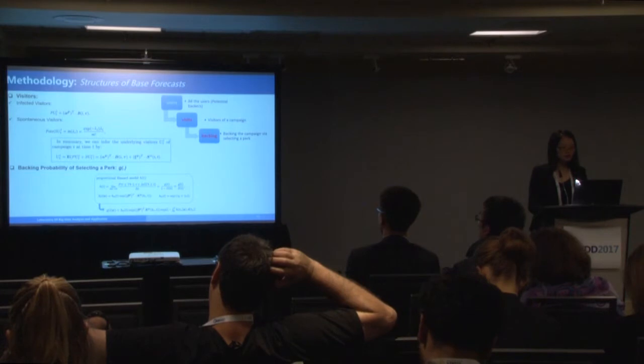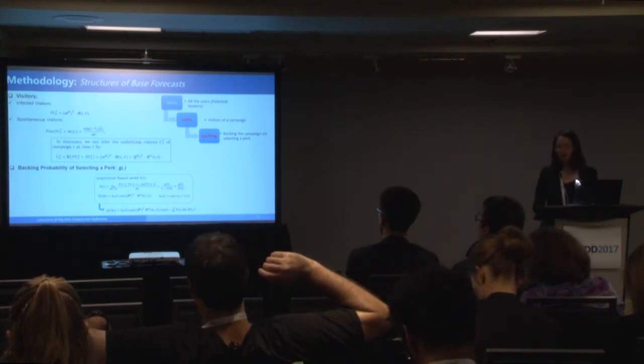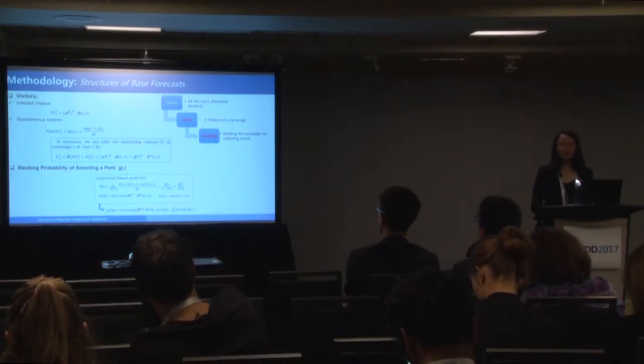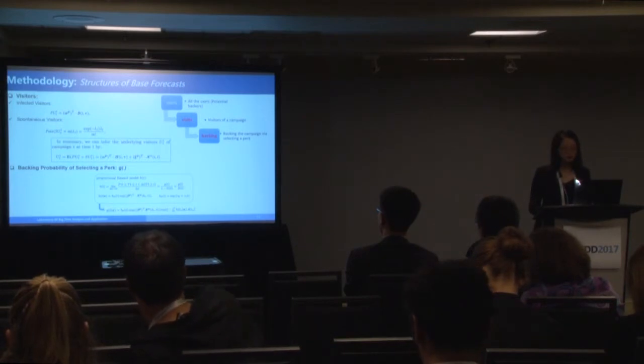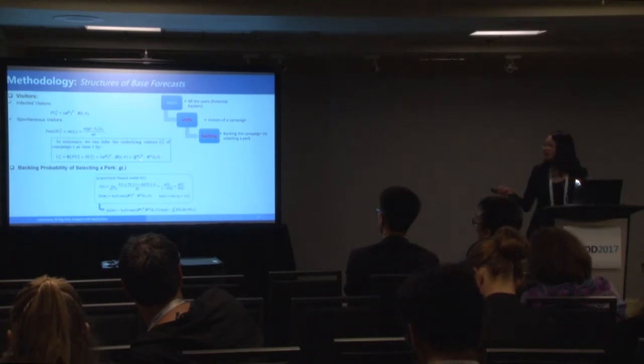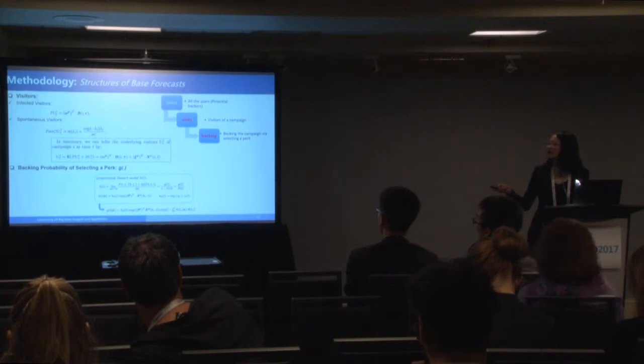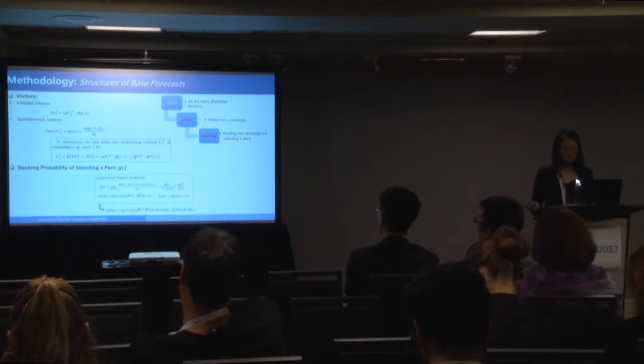And for the spontaneous visitors, we propose to employ the Poisson distribution to capture those users who are attracted by the properties of the campaign. Therefore, the total visitors can be modeled by summing these two types of visitors together.